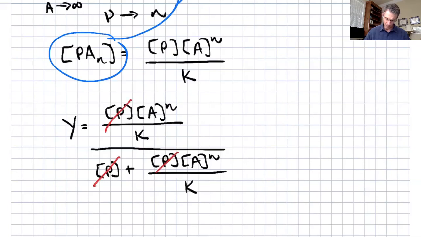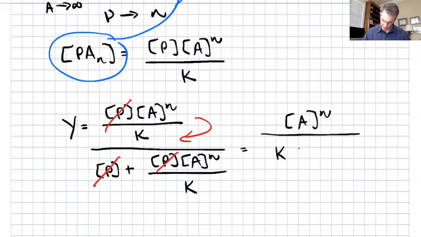Cancel, cancel, cancel, multiply through by K. And your fractional saturation now reduces to this. It's simply the concentration of A to the N divided by K plus the concentration of A to the N. Cool, that's simple, right? That's not too bad, right?